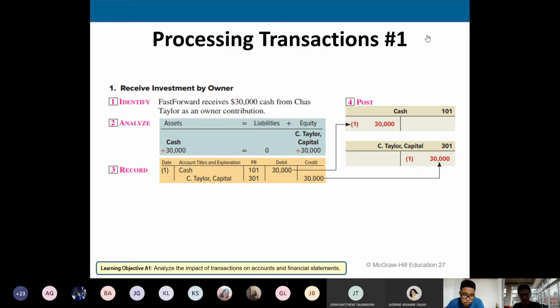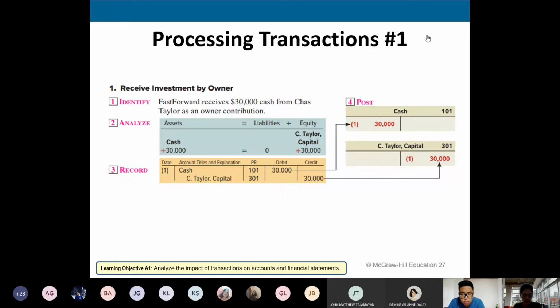Sir, paano kung hindi cash ang kinontribute niya? Paano kung machinery or PPE or land or building? Anong entry natin? Non-cash assets, yung tinatawag natin as initial contributions.